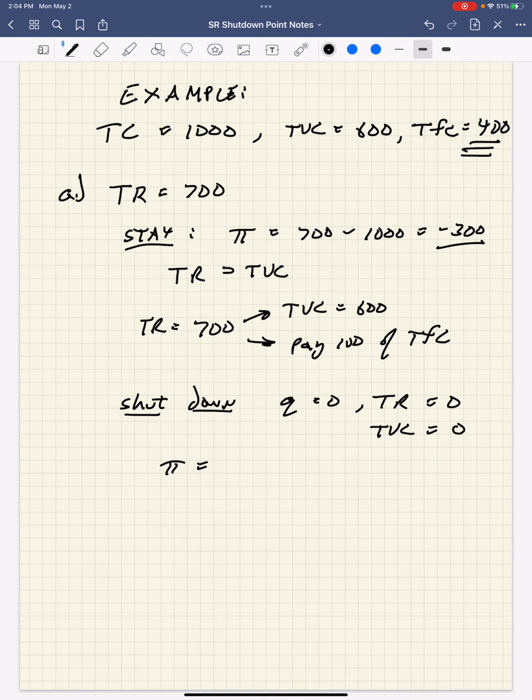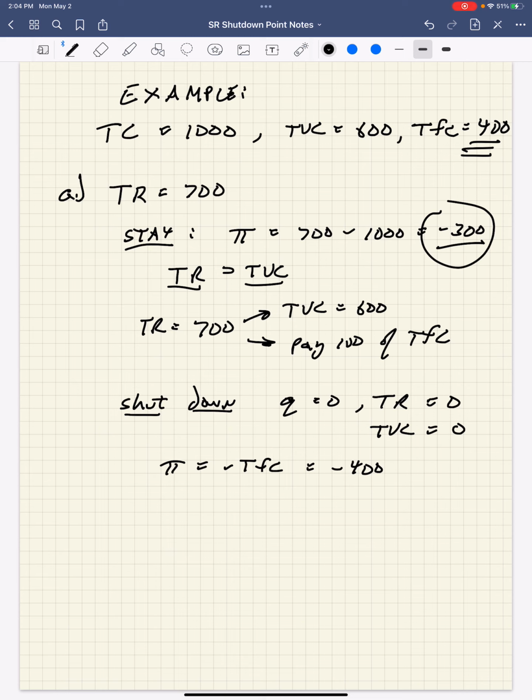So our profit level is going to be equal to that negative total fixed cost, or negative 400. So since revenue is greater than variable cost, just like we said, we're better off staying in business. We lose 300 per period rather than 400. So we're above that so-called shutdown point.